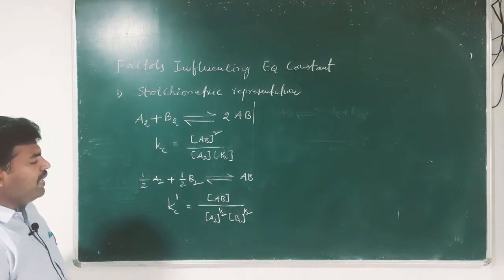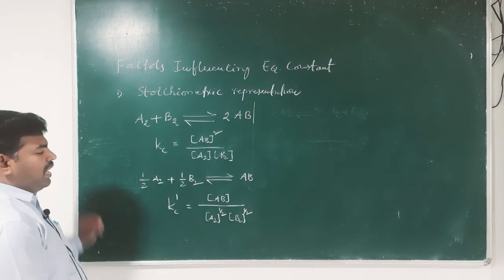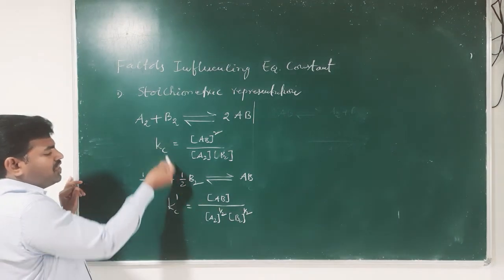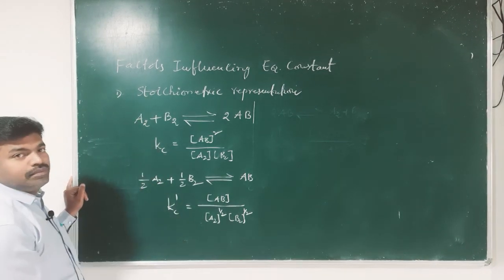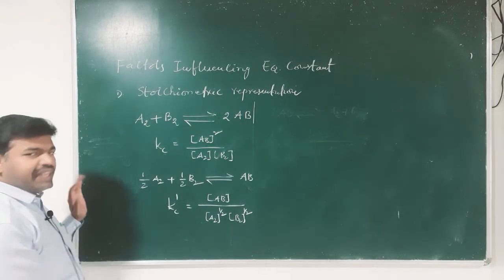Okay, and we can develop a relation between Kc and Kc dash when we multiply or divide with a factor 2 or n.